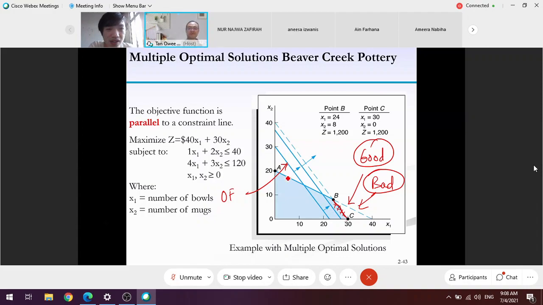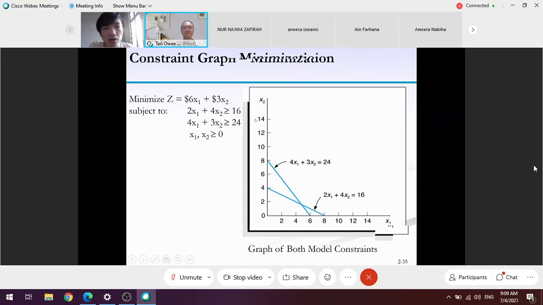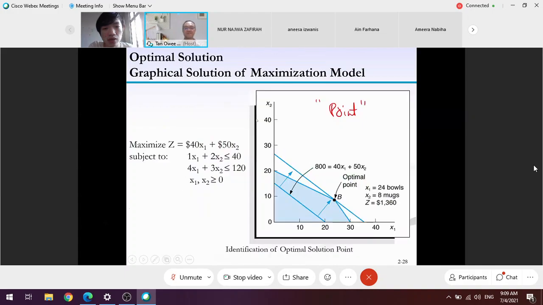What does it mean? Example here, the previous solution. If the solution is only B, it means if I'm the production manager, in order for better understanding, I go back to the one. Wait. Here. If this is the optimal solution and I'm the production manager for this company, nightmare for me.